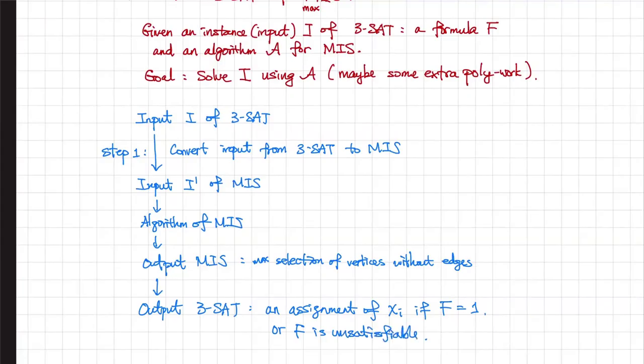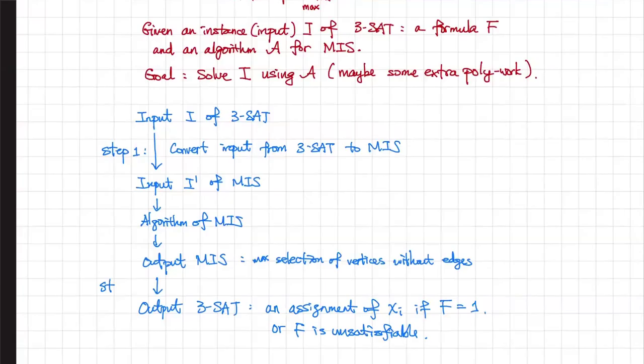Unsatisfiable means there's no assignment to make it true. Okay, so if you look here, this is step 3. We need to show step 1 and step 3. Now to get the output here, this is step 2. We don't need to do this, right? This part is assumed. We assume we have this algorithm, or eventually someday someone is going to give us this algorithm.